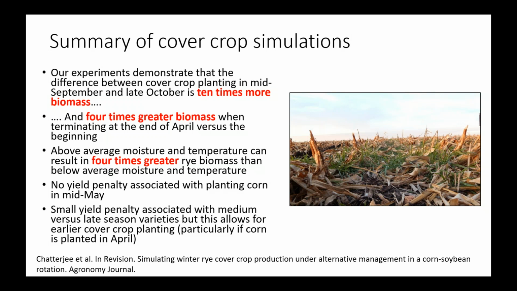We did not see yield penalties associated with differences in planting corn in April and May, which is what we'd expect, but again, there's potential for more opportunity to extend the cover crop into the spring. And there are yield penalties associated with selecting a longer season cash crop, right? But if you're able to plant it earlier, harvest earlier, that gives you more time in the fall as well.